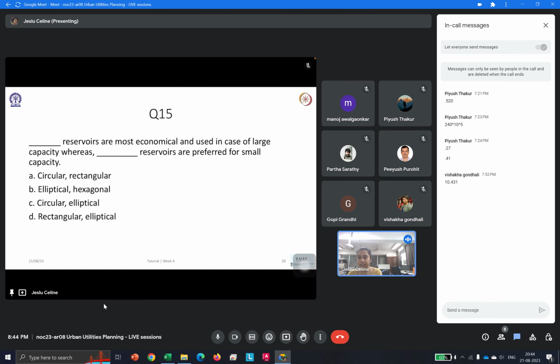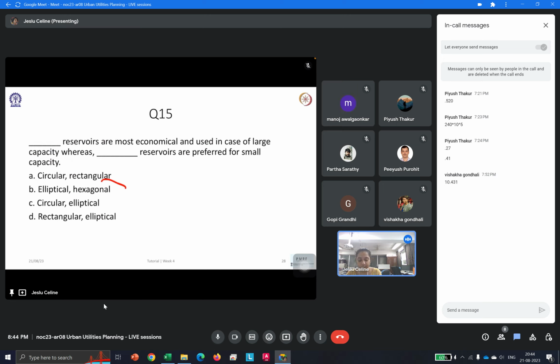C, circular and elliptical. D, rectangular and elliptical. Circular and elliptical. Circular is preferred in case of large capacity, correct. Now elliptical is preferred for small capacity. Okay. Any difference of opinion? Circular and rectangle, yes.